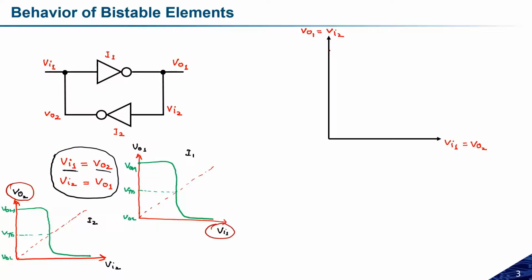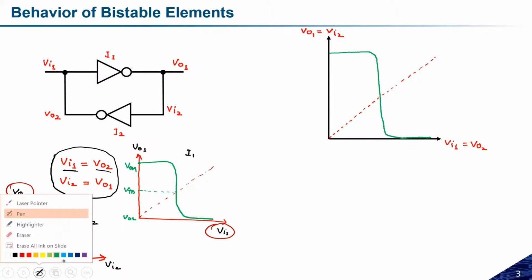So the characteristics will look like this. If I'm changing some input, let me draw it properly. Let us assume this is the input change, and the output we can observe something like this. Let us assume this is the output behavior of one of the inverters.